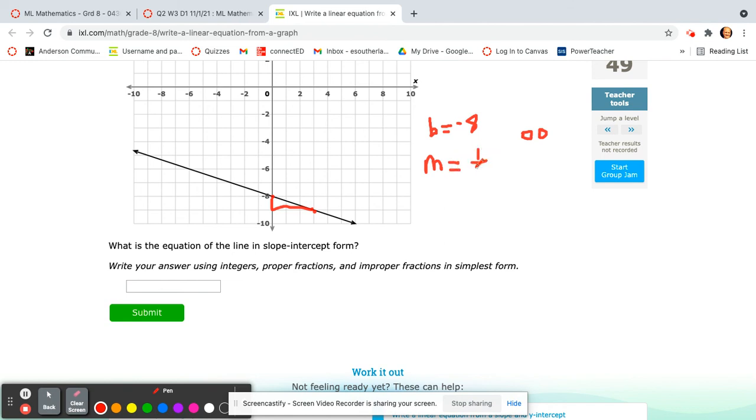It rises 1, runs 3. And then we check left to right, it's going down. So this is a -1 over 3. And so for your equation, you're going to type in y equals -1 over 3x minus 8 because it's a -8.